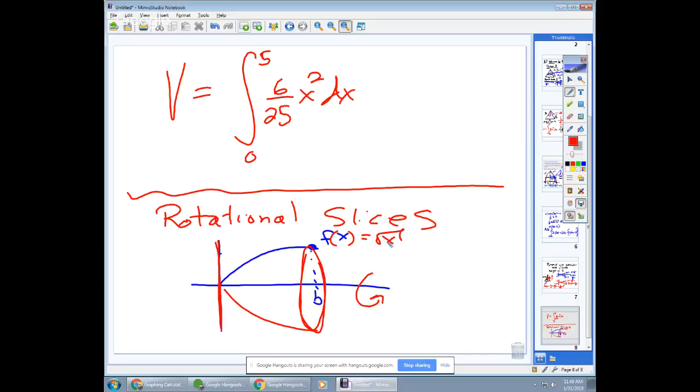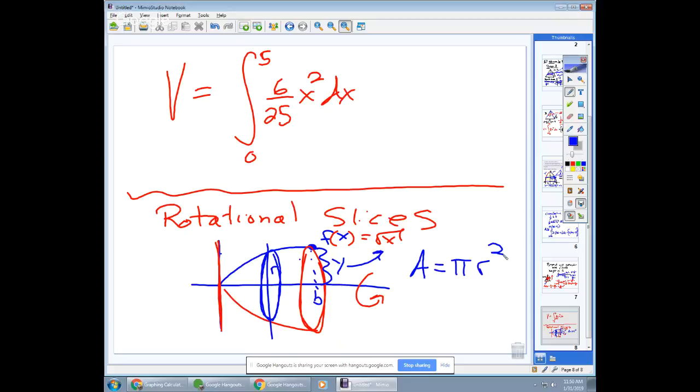So if I do that, what does a rotational slice look like here? If we slice through, well, that rotational slice is just going to be a circle, isn't it? And all I need to know is what's the radius of that circle? In this case, the radius is my y value, and y is the square root of x. Yeah, that would be my radius here. So once I know the radius, the area of a circle is just pi r squared.